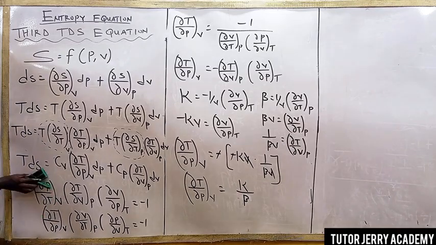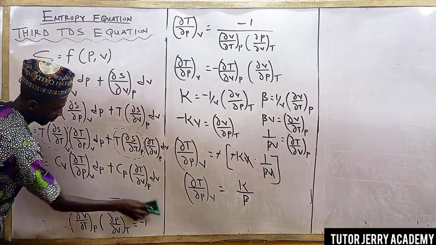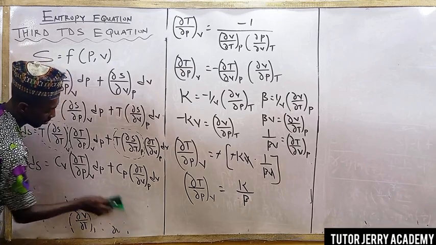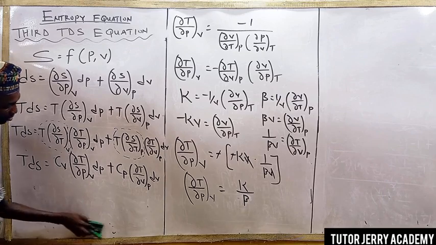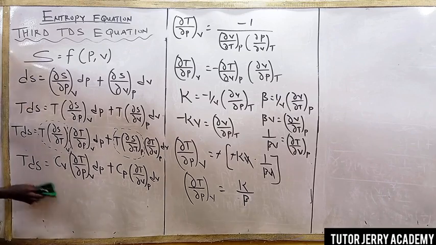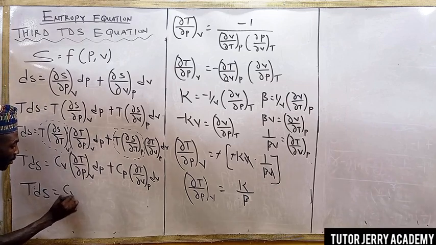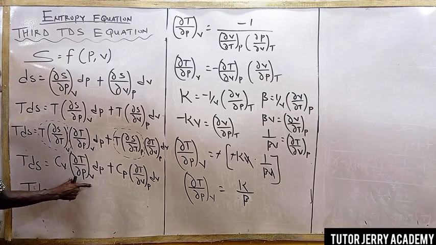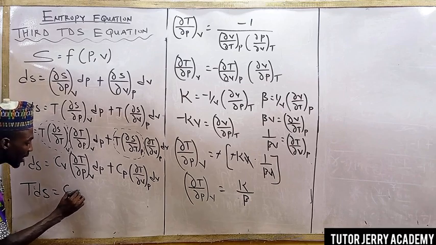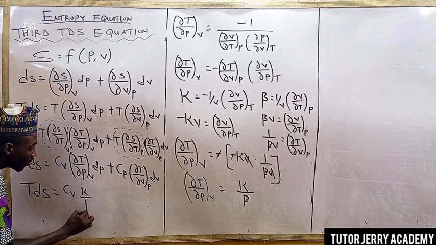All right, so let me clean this side. So the next thing is just to make our substitution, then we are done. All right, so we are going to say TdS will be equals to Cv, then the partial derivative of T with respect to this is K all over beta.